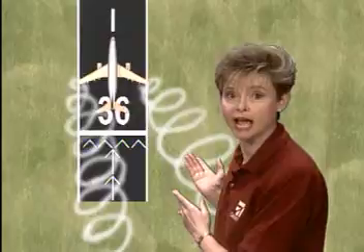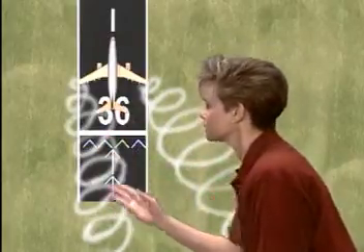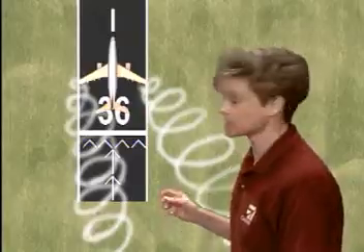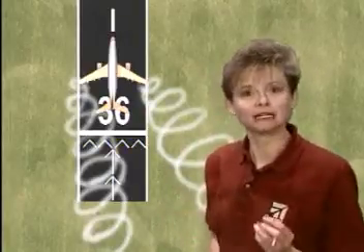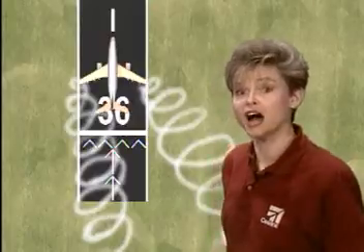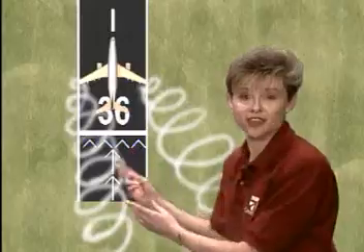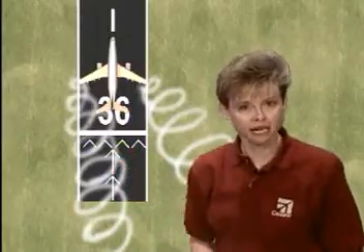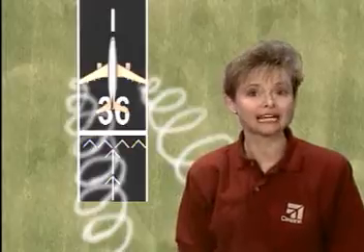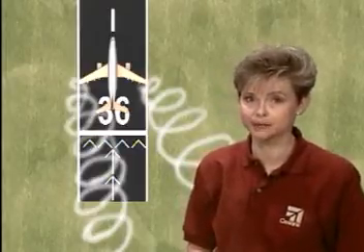Well, you could see what would happen. This upwind vortex would be held right over the runway. The downwind vortex would be blown away, and that's no problem. So when you have a light quartering tailwind, the upwind vortex could be right here over the runway, and that would be your most dangerous situation. So around an airport, watch out for a light quartering tailwind and the effect it might have on wake turbulence.